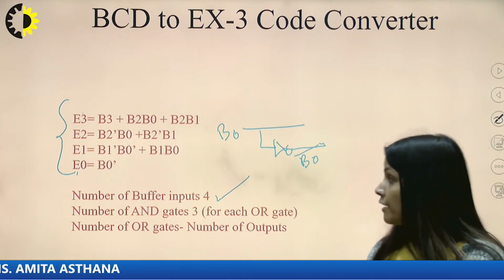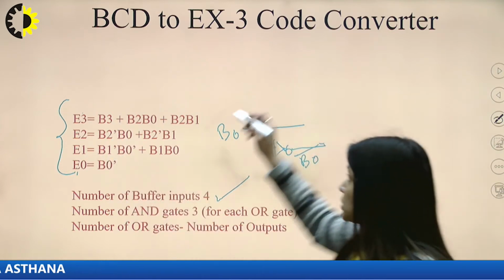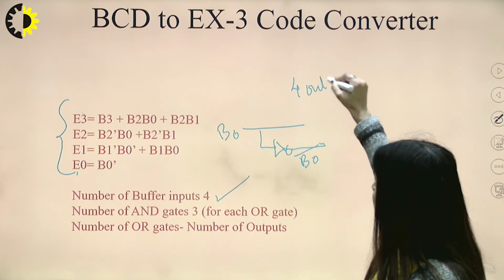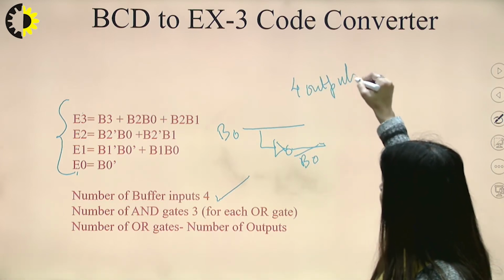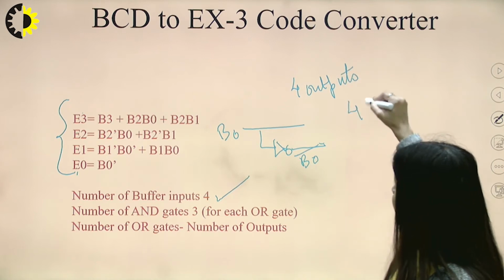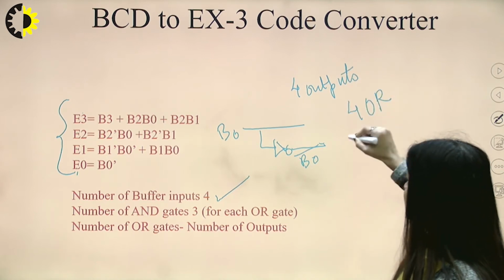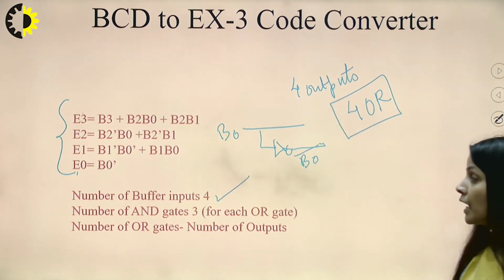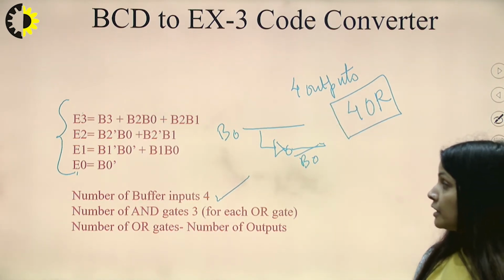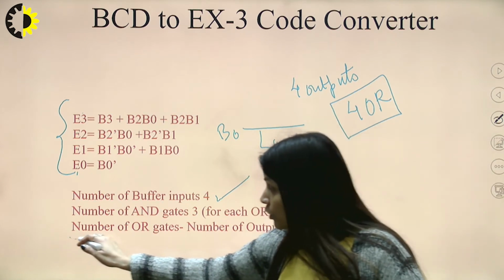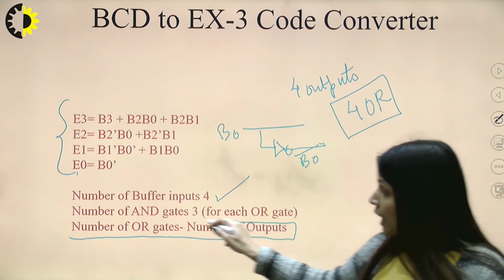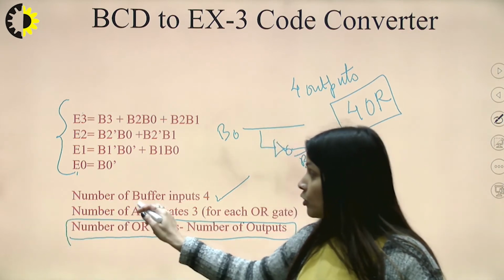Since I have 4 outputs, I will have 4 OR gates, and after deciding the number of OR gates, I can take the number of AND gates.